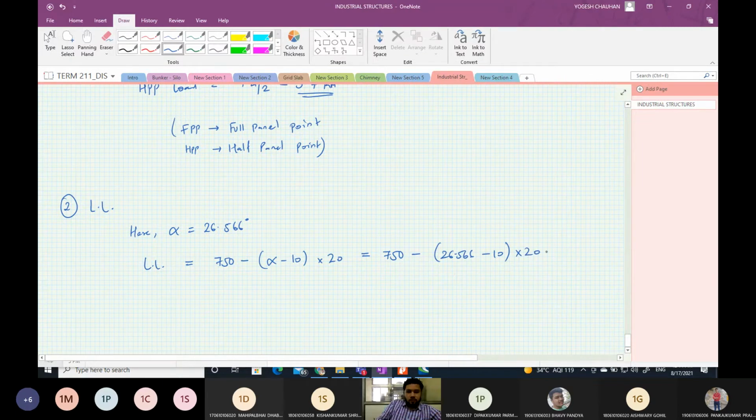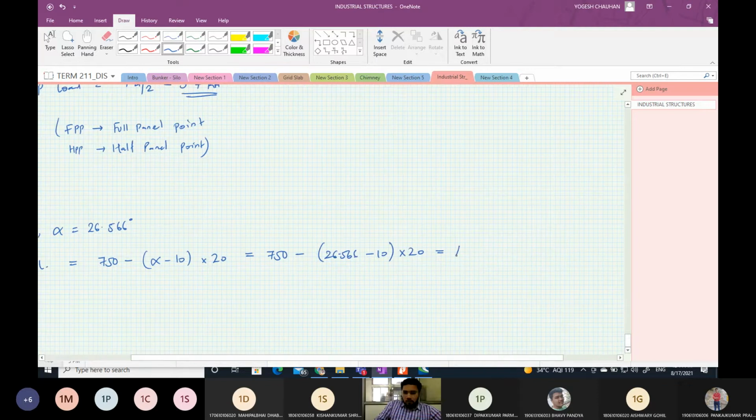So this comes out to be 418.68 Newton per meter square.